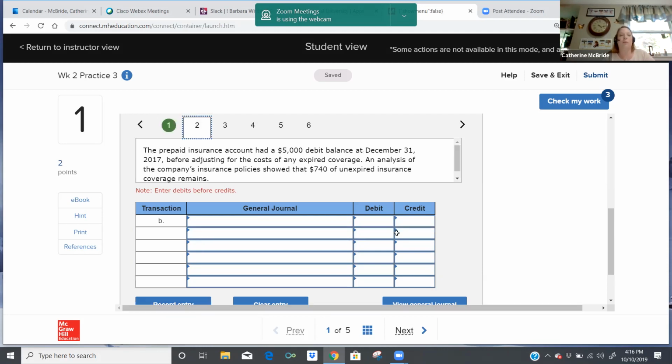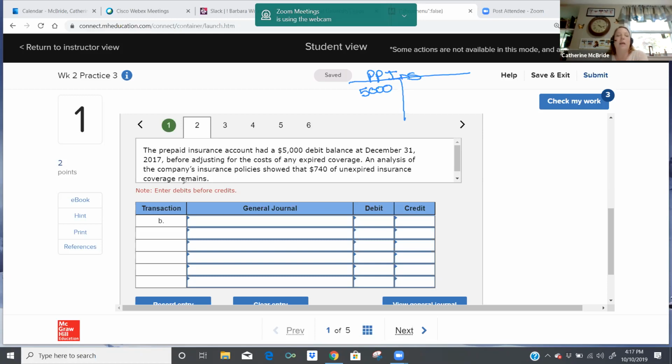We'll record the entry. Okay, prepaid insurance account had a $5,000 debit balance. So the first thing that we're going to do is we're going to look at the T account for that. So we have prepaid insurance, and we started with a debit balance of $5,000 before any adjusting entries.